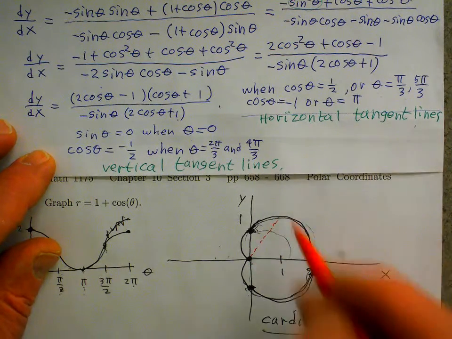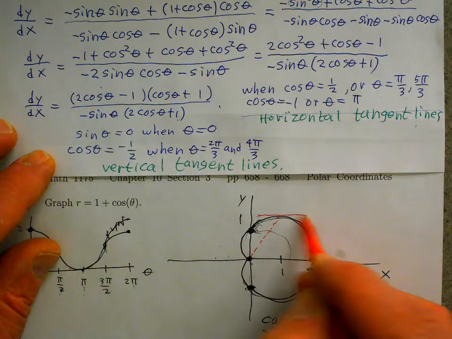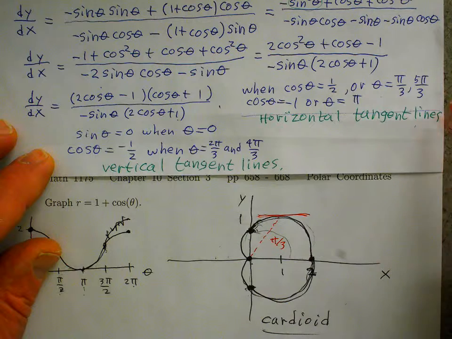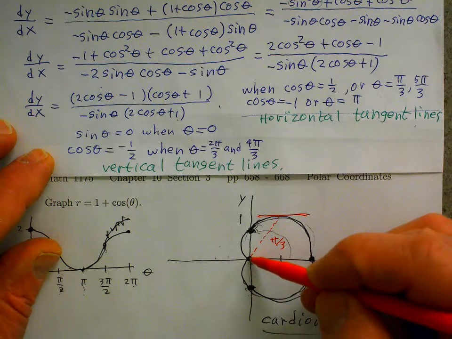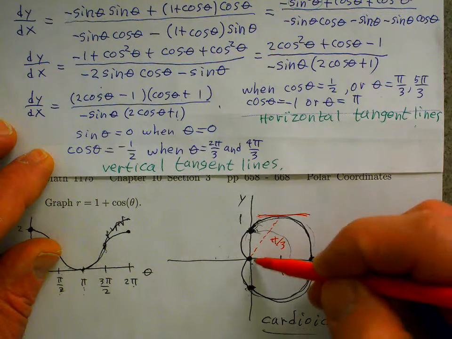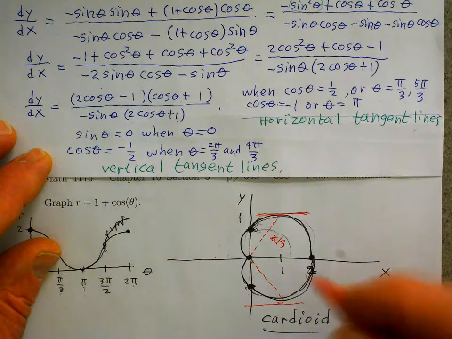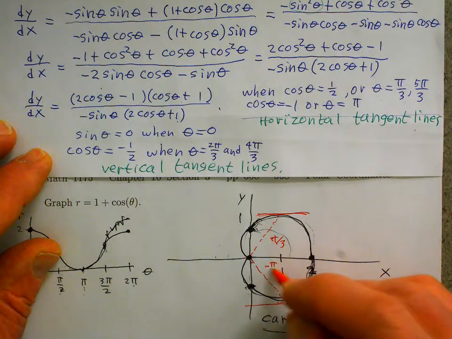So it looks pretty reasonable that we have a horizontal tangent line there at pi over 3, and also 5 pi over 3, which would be about right there. So we have another horizontal tangent line at 5 pi over 3, or negative pi over 3.